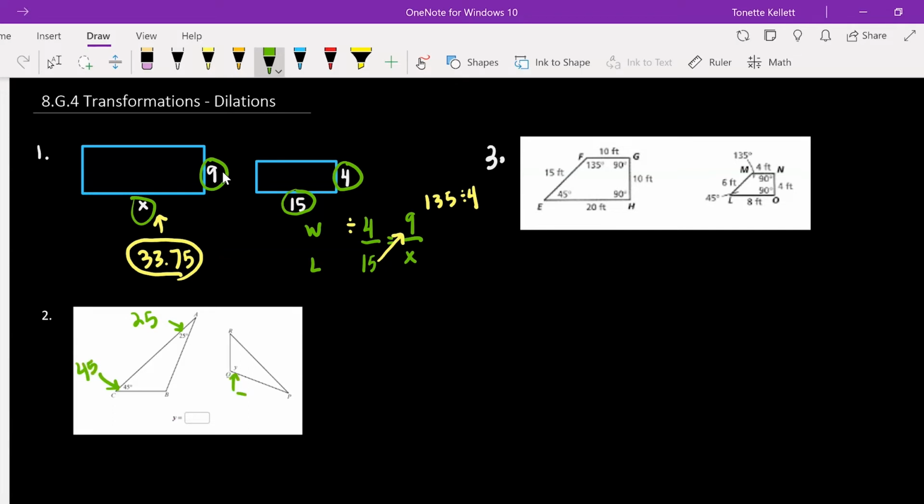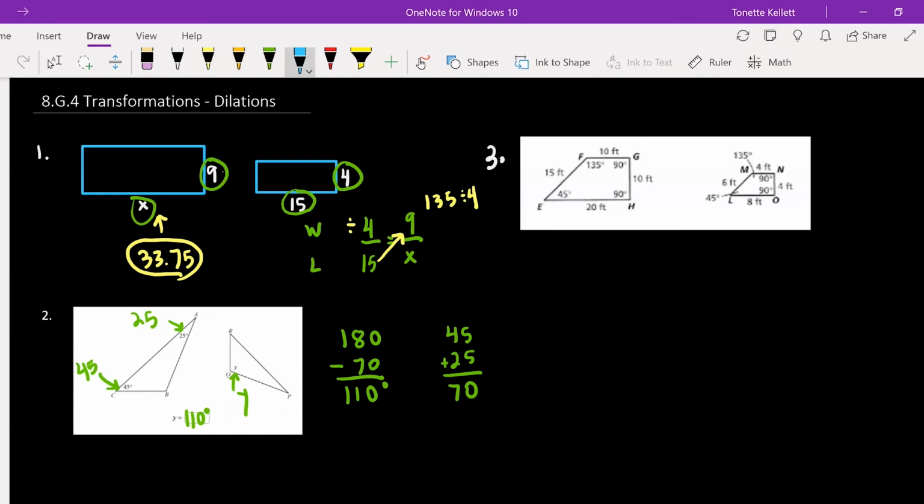And this is the one they want you to find. So I know they must start with 180 minus, over here I'm going to do 45 plus 25 and see that that is 70. When I subtract 180 minus 70, I get 110 degrees for Y. Y would be 110 degrees. And you use the little circle to show degrees.